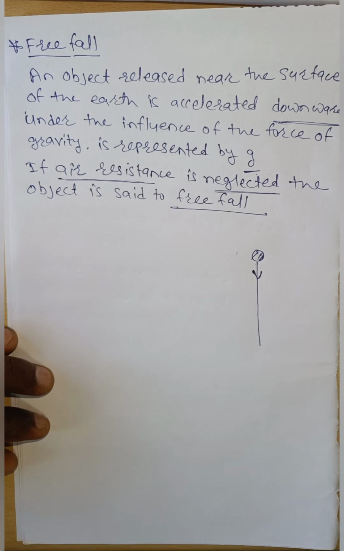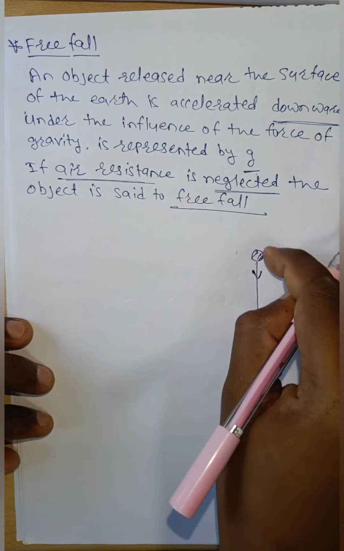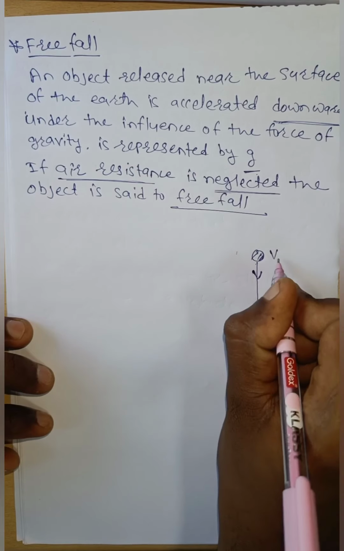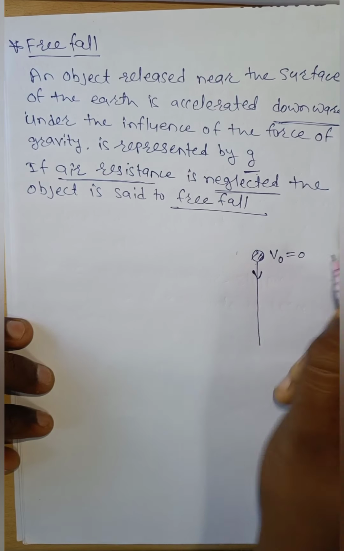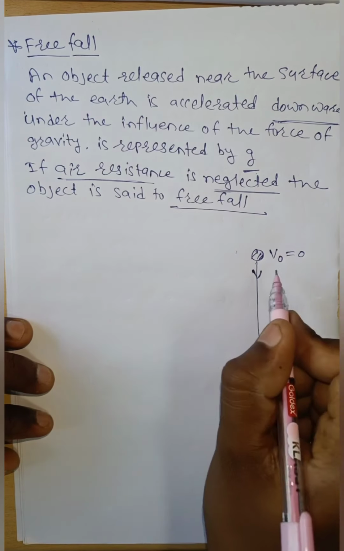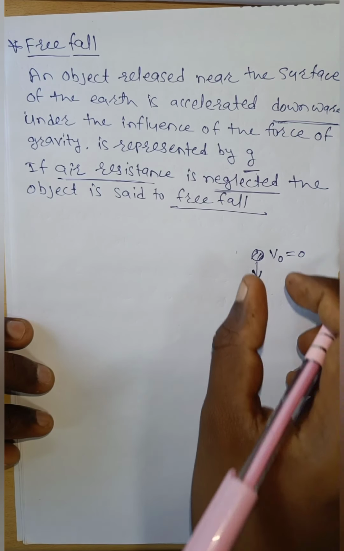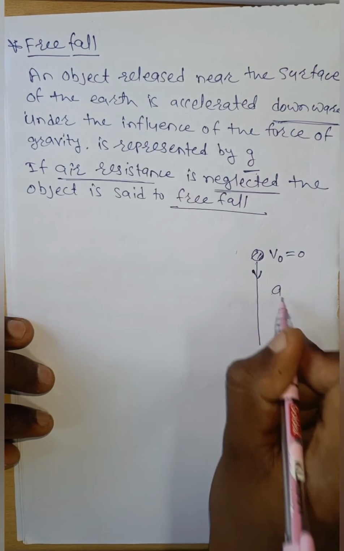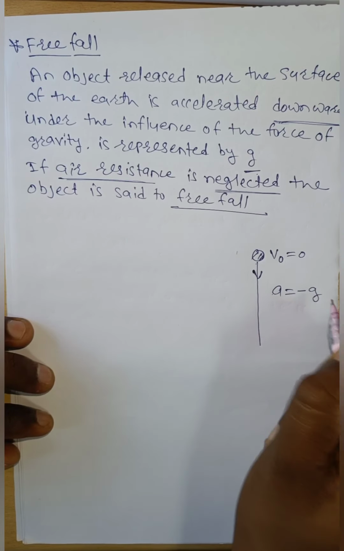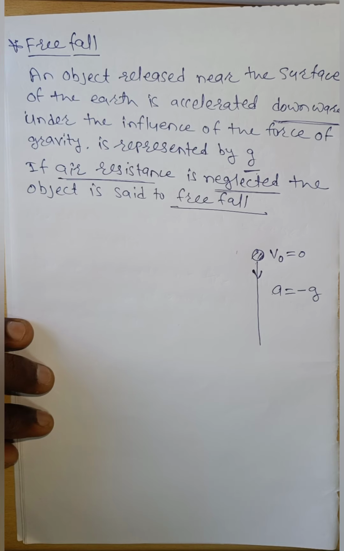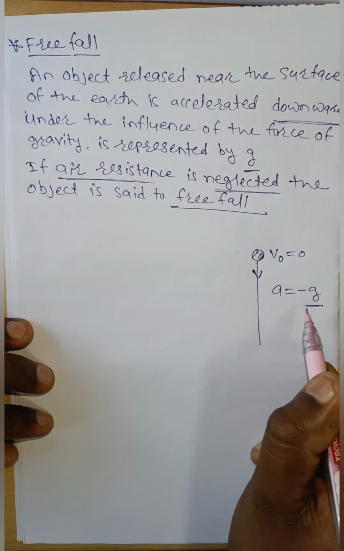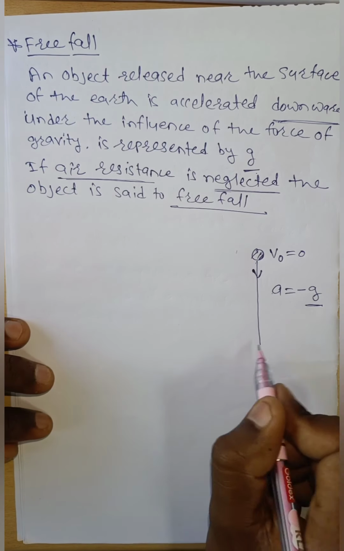In that case, if we neglect the air resistance, then that motion is called free fall motion. Now we release that object. When we release it, the initial velocity of that object is 0. When the body moves in a downward direction, the acceleration is always minus g, minus of the acceleration due to gravity.